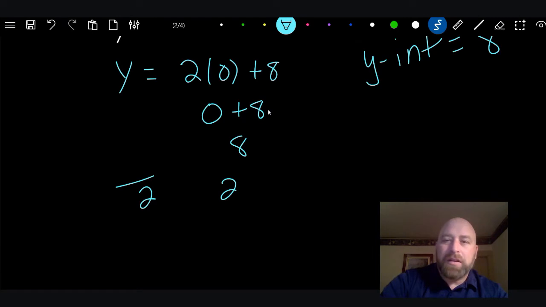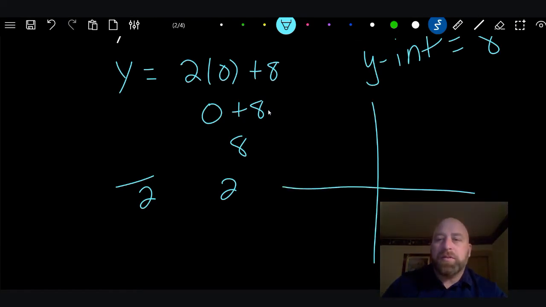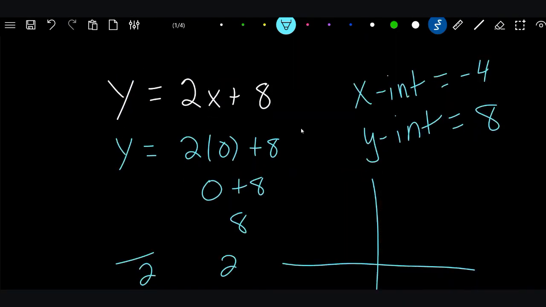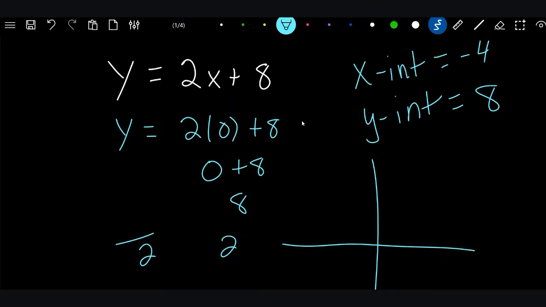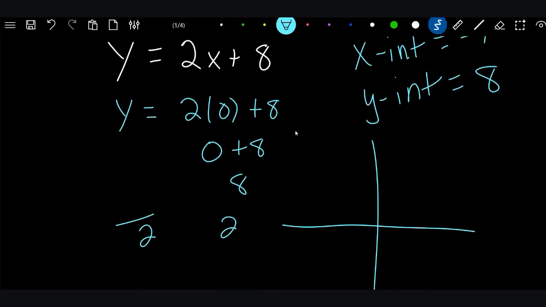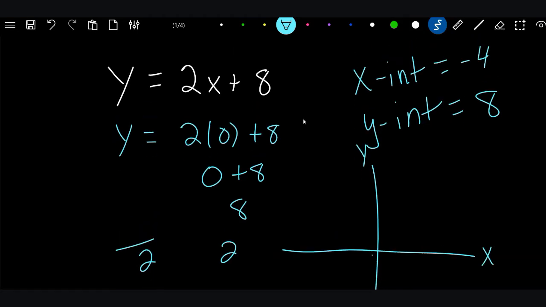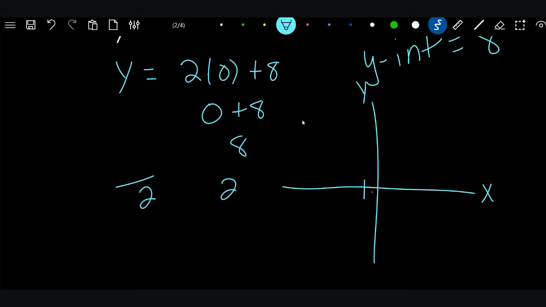I'm not going to take the time to put up my graph paper. I'm just going to draw a really rough graph here. We would take the x-intercept of negative 4. Remember, this is the x and this is the y. The up and down is the y. So we would go left 4 for negative 4: 2, 3, 4. And we would graph a point there.